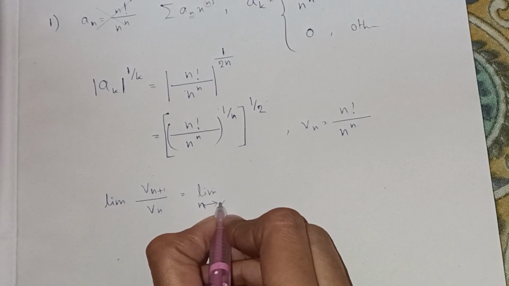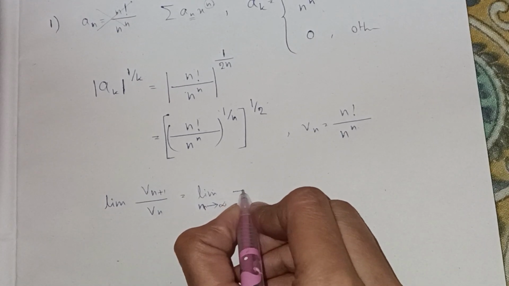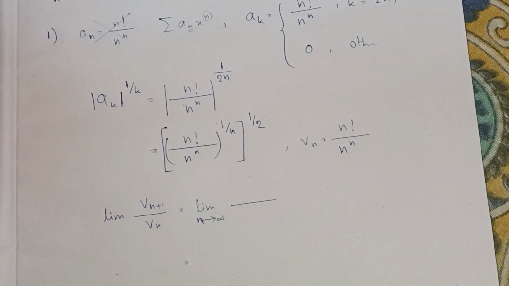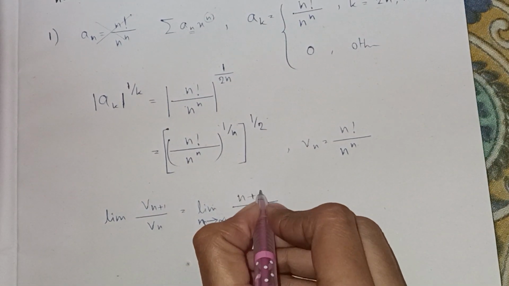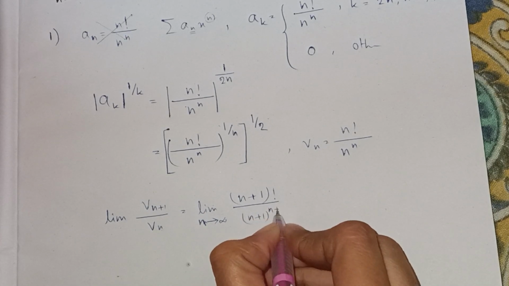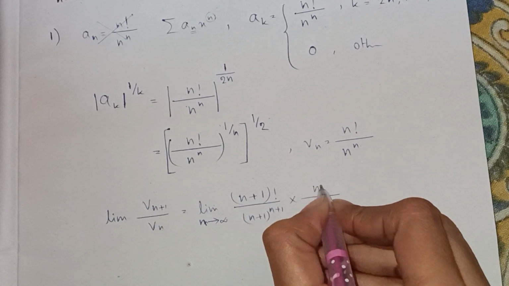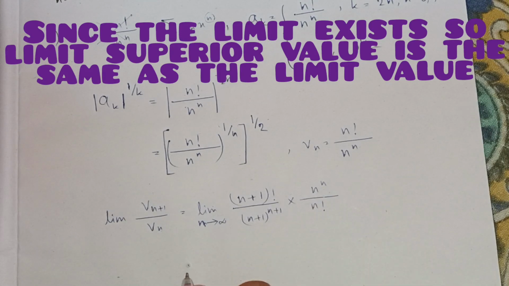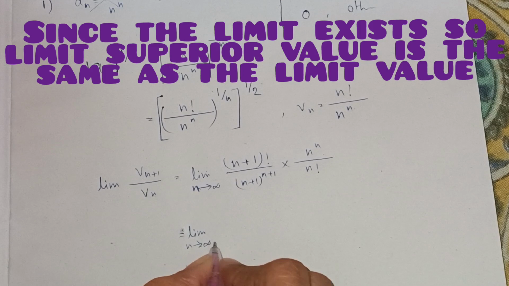As n tends to infinity, this is (n+1) factorial over (n+1) whole to the power n+1, into n to the power n over n factorial, equals limit n tends to infinity.